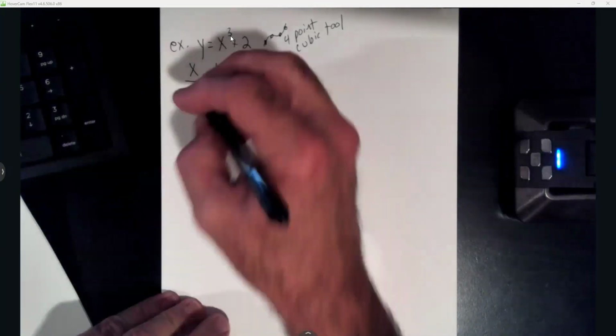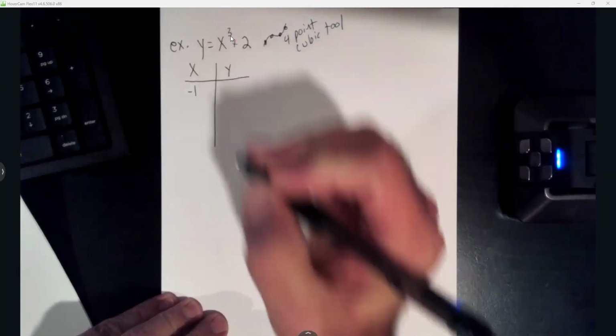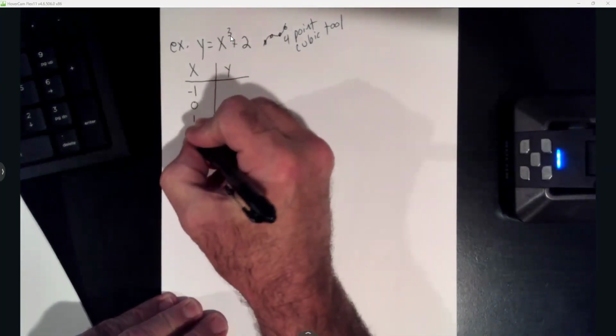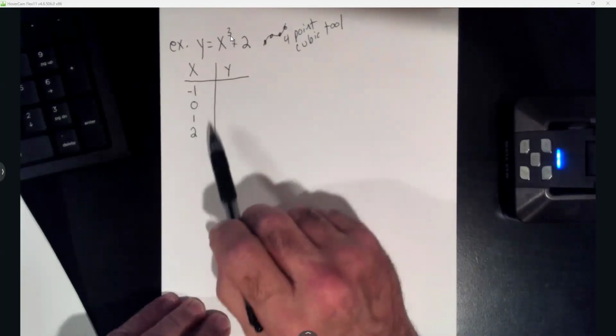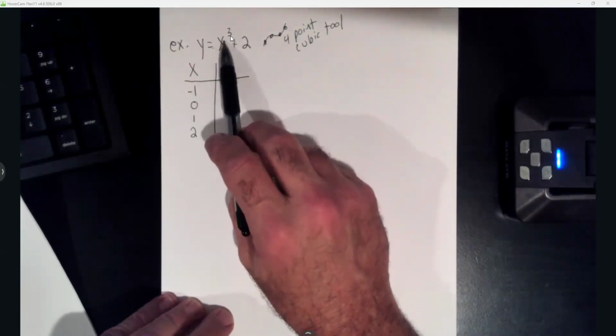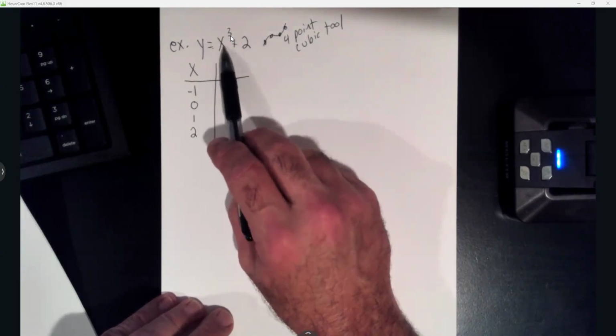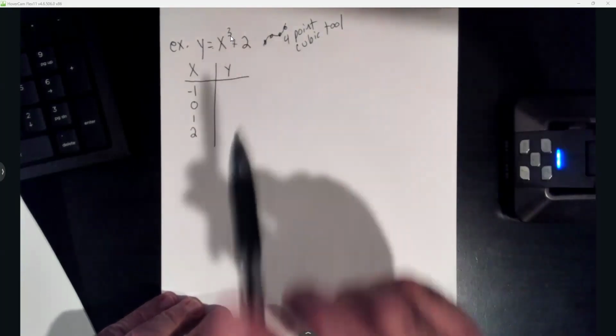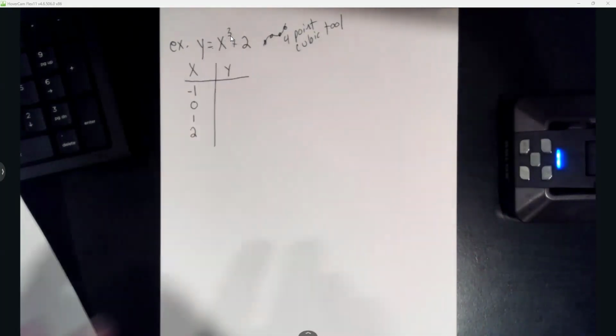So when you do a cubic, the easiest numbers would be a -1, 0, 1, and a 2. I don't even pick 3 because 3 times 3 times 3 is 27. Add 2 would make that 29, okay? So cubics can turn numbers big really quick.